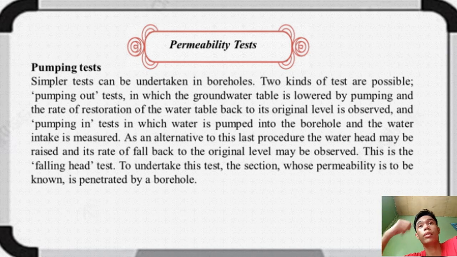So sa pumping test di kay naa di siya tulo ka buok ka test nga mapili ka kung asa mapilion.